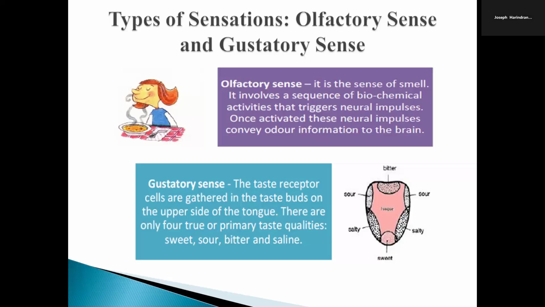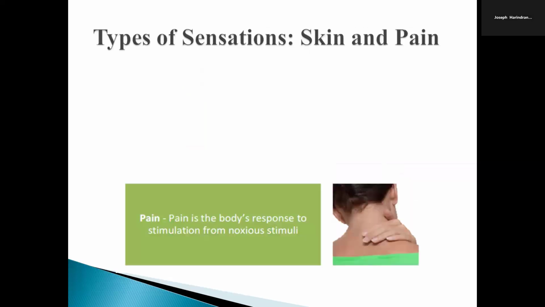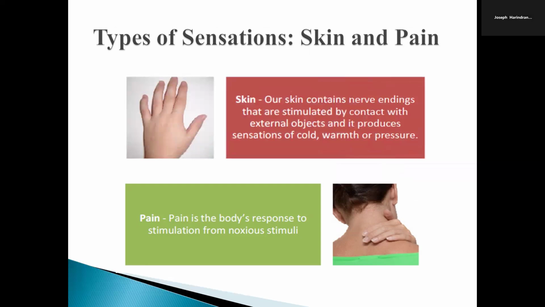And it is a combination sometimes of the bitter and sour. Types of sensations: we have the skin, which contains nerve endings that are stimulated by contact.